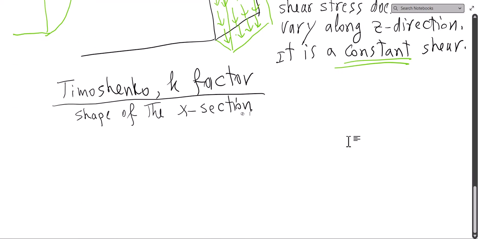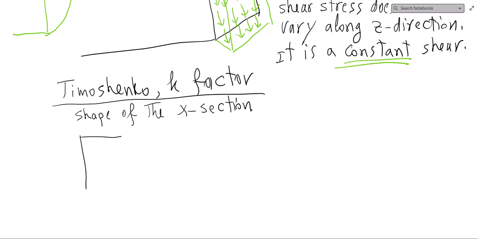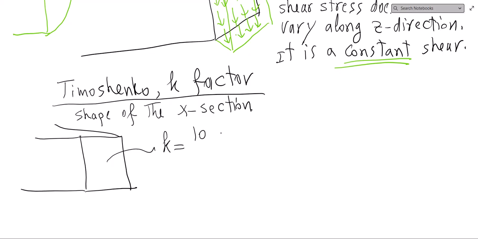So for example, just to note here, for a rectangular cross section of the beam, K becomes, according to a table in the James and Dime book, 12 plus 11 mu.